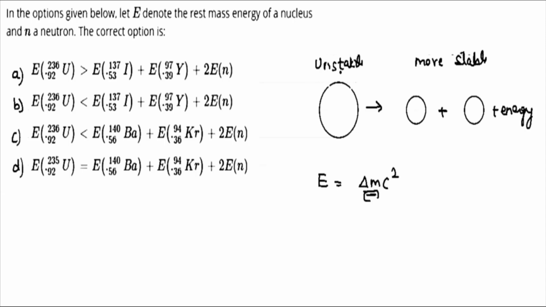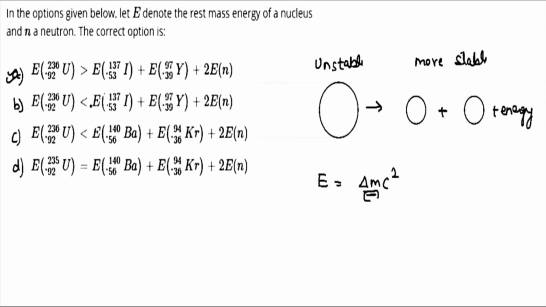If it is unstable, it has greater energy as compared to its products. Now, if we check our first option, it is given that the rest mass energy of uranium is greater than the rest mass energy of iodine plus yttrium plus 2 times neutron. This is the correct statement. According to the fission reaction, the reactant has greater energy, which is why some amount of energy is released. So this would be the correct option.